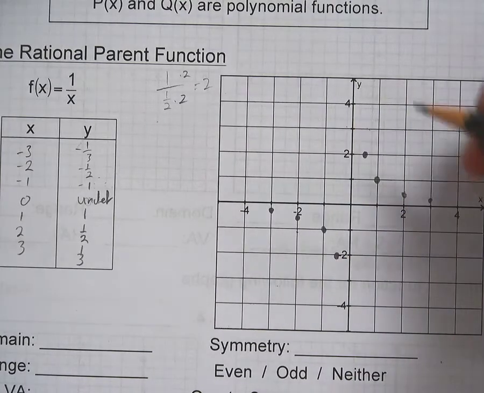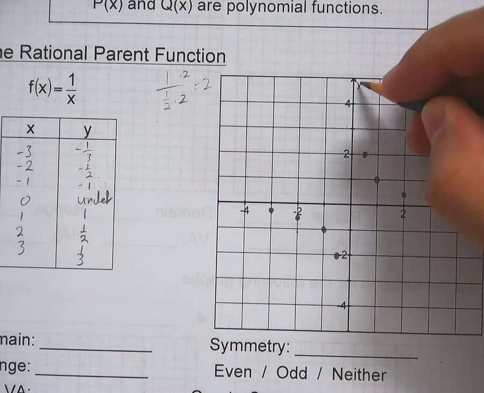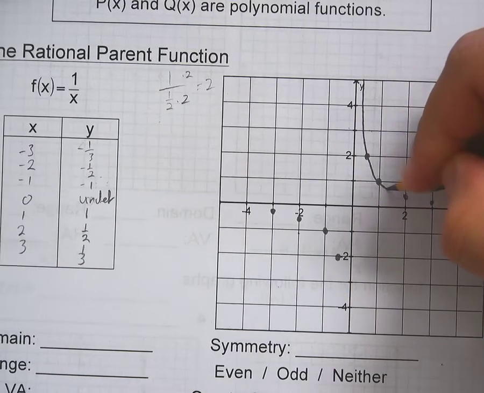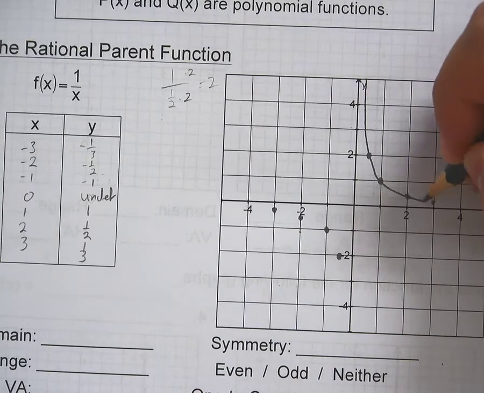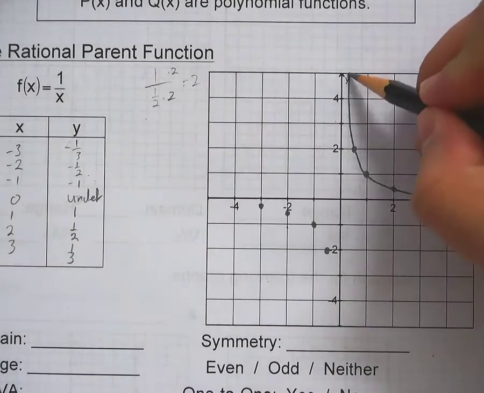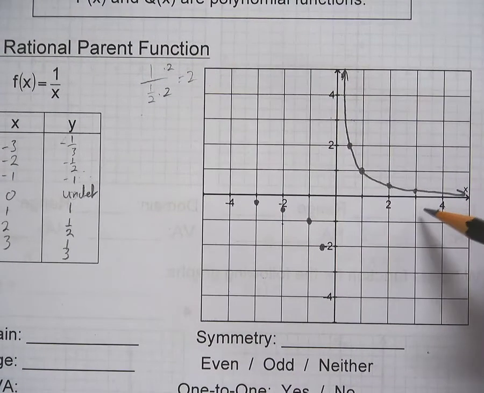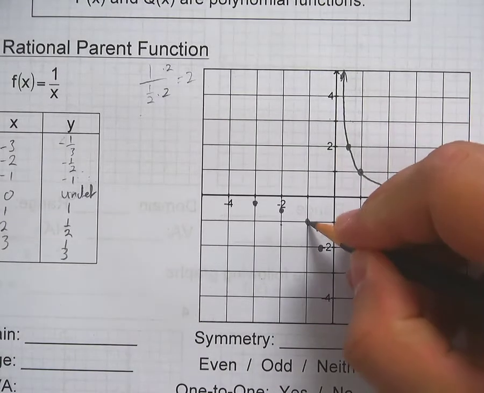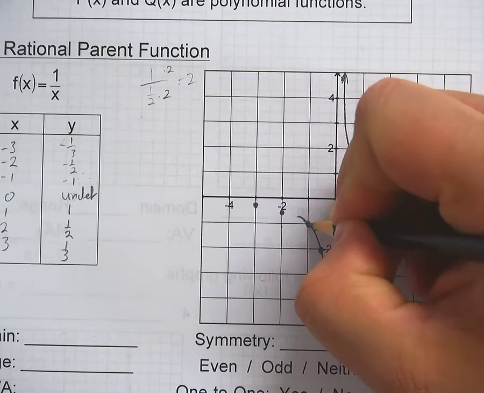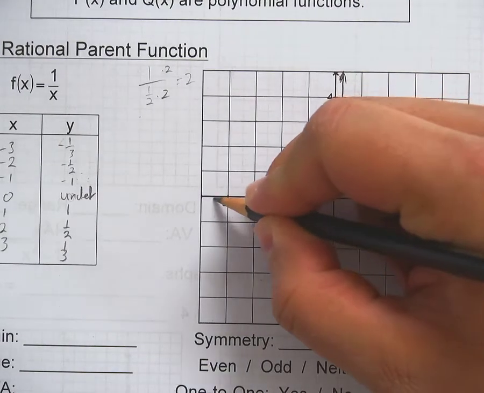So this thing is getting really, really close to the y-axis, but not actually hitting it. And it's going to get really close to the x-axis, but not actually hit that. Imagine if you go out to where x is 100, 1 over 100. Well, it's still positive, and it's really close to 0, just not quite there yet. And same thing with this one.